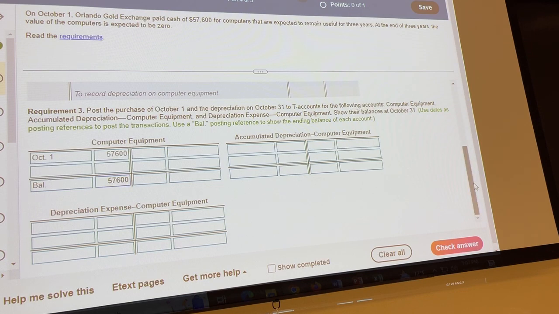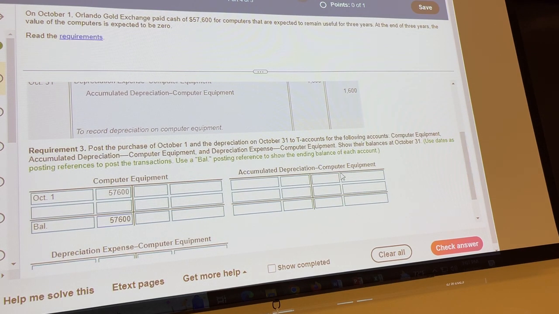Yeah. Thank you. And then for accumulated depreciation, our journal entry had a credit of 1,600. And that was on October 31st. So the balance is a $1,600 credit as well.